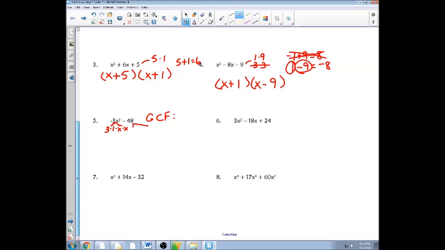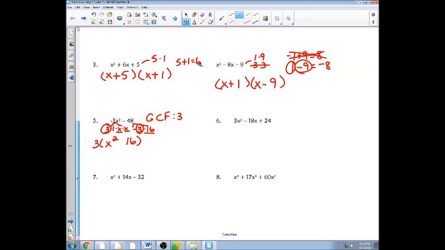If I take 48 and divide by 3, I'll end up with 16. That works. So I know that they share a 3. Do they share anything else? No, they don't. So what I can do is make this 3 times what's left from my first term, x squared. What's left from my second term, 16.